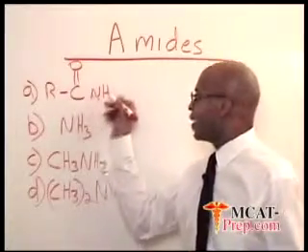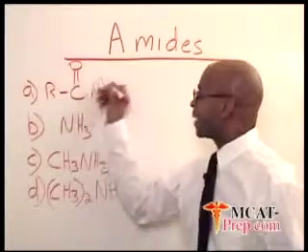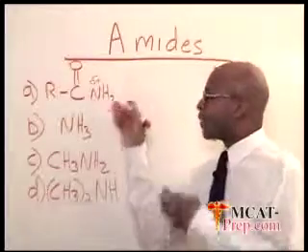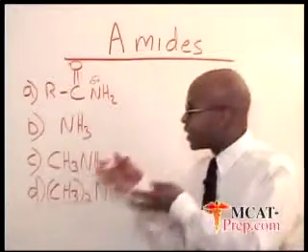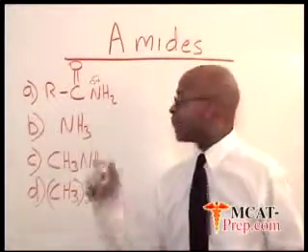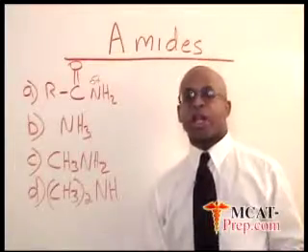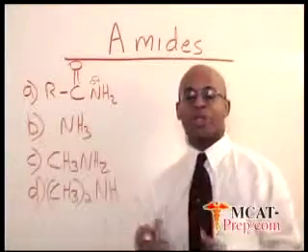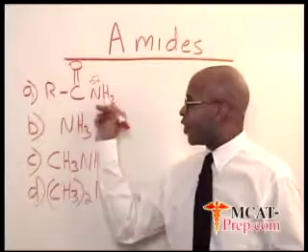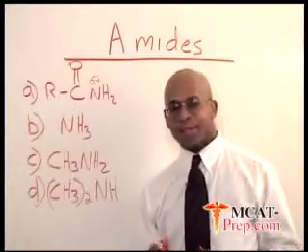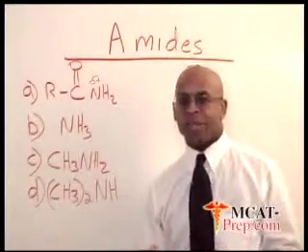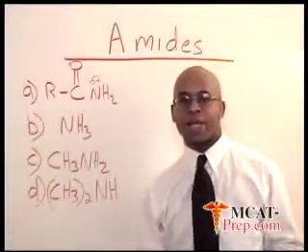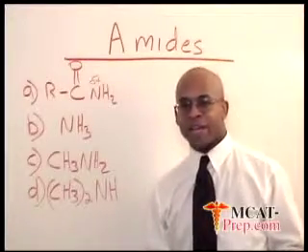Well, we've already seen that the nitrogen in an amide is delta positive because its lone pair electrons is involved in a resonance structure or delocalization of the electrons. And so this would be a decidedly poor base. It would be very poor in attracting a proton to that nitrogen.